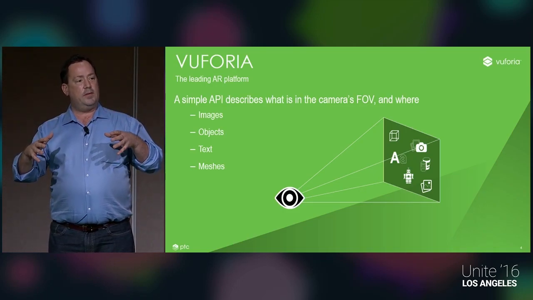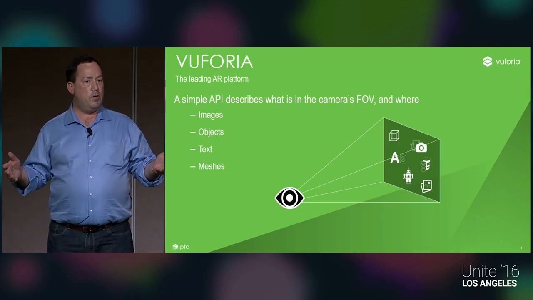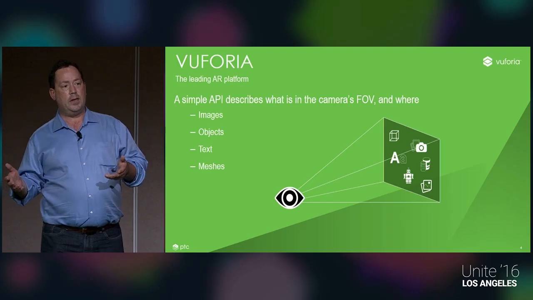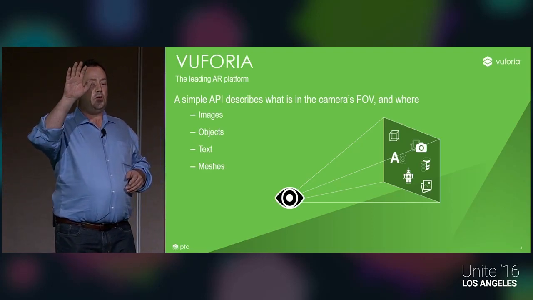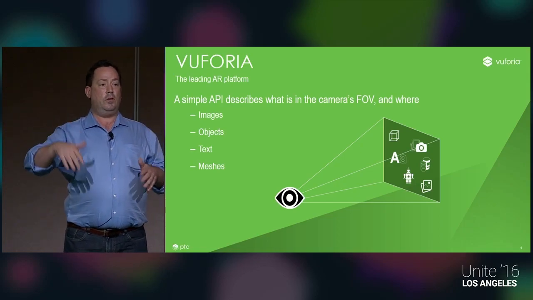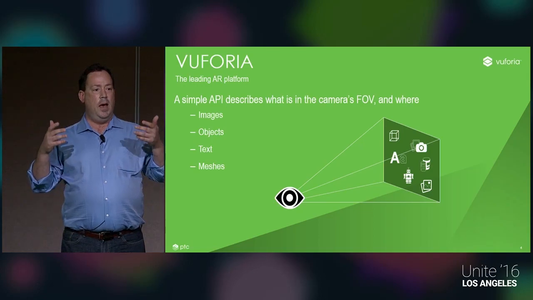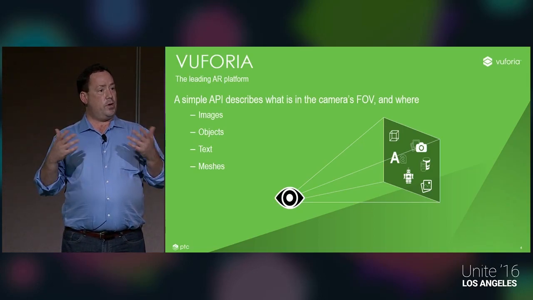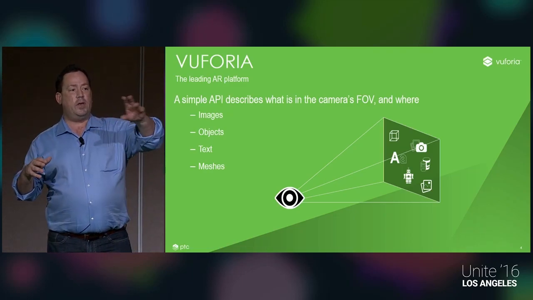You can recognize these things, and you can also follow them as they move in the field of view of the camera. That's really the principle of augmented reality, is that you see something, you know what you're looking at, and you're able to actually render digital content onto it so that it looks realistic in the field of view of the camera. So in a sense, the Vuforia engine acts as an eye for your camera, for your app, that enables you to recognize things and actually follow them as they move.